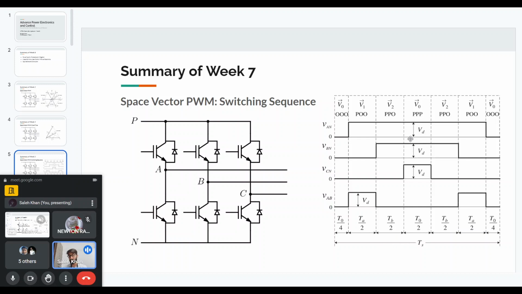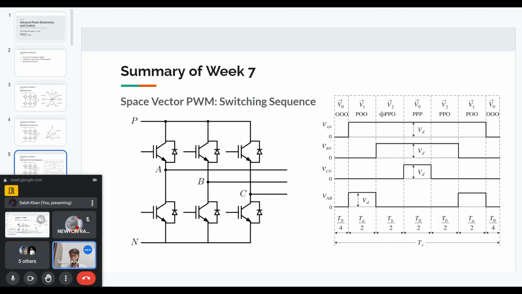First of all, the T0 time, for the zero vector, is divided into 2, and one half is kept for the PPP state, where the top 3 switches are on, and the rest of the time is kept for the OOO state, when the bottom 3 switches are on. This equal division between PPP and OOO creates what we call conventional space vector.